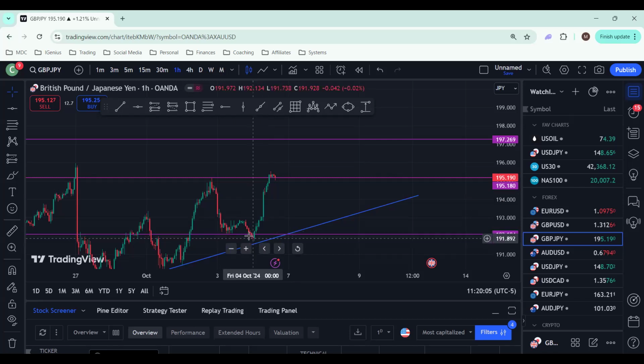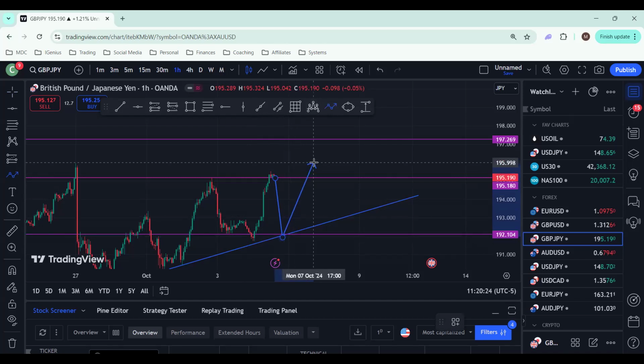The reason I'm looking for this is when the market makes big moves in this direction, it typically leaves some orders behind, where if the market comes back down, and I'll just show you guys visually here, if the market comes back down to grab it, it will most likely bounce up and continue with the trend.